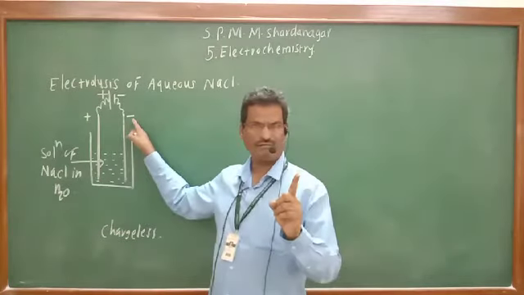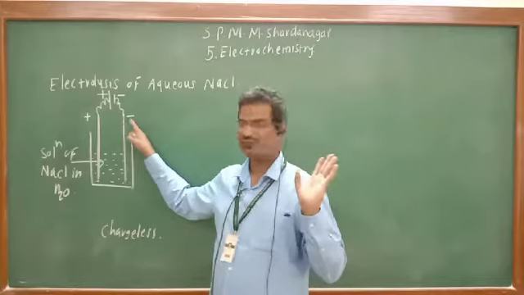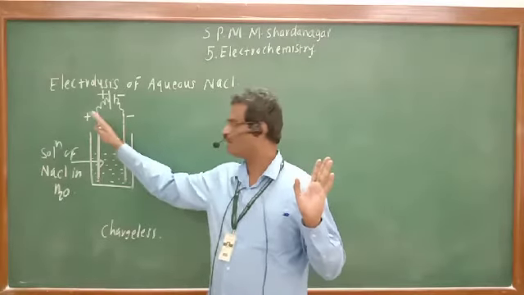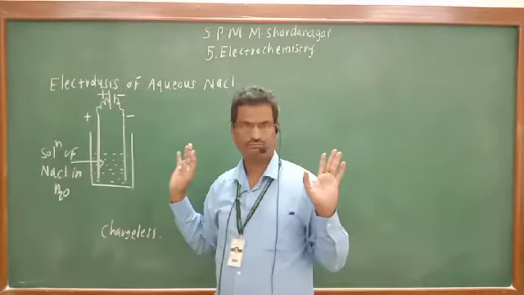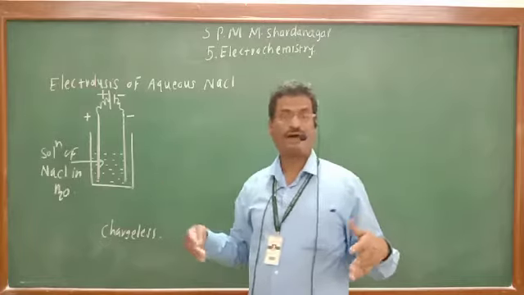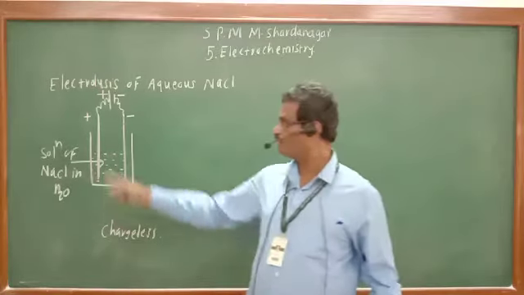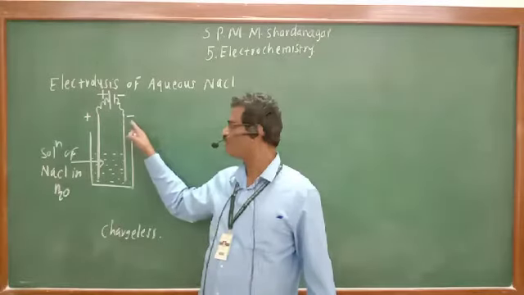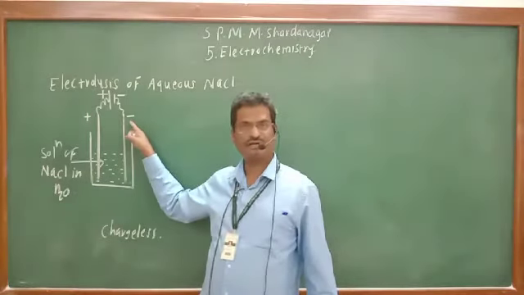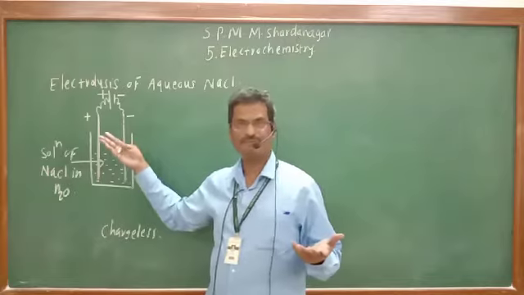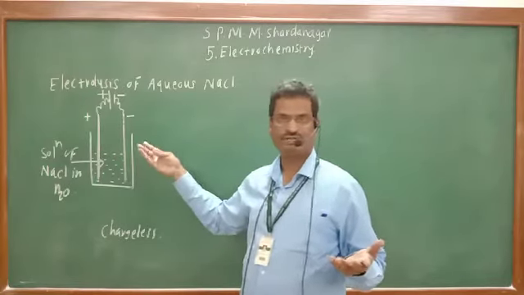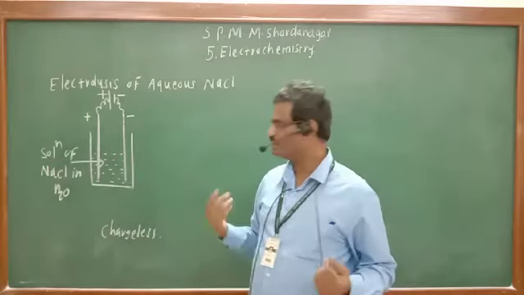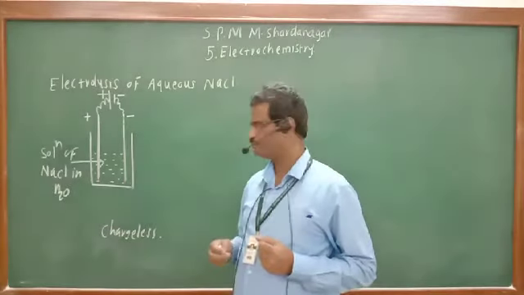I am not writing directly as anode or cathode. That we will decide after the process, whether oxidation or reduction takes place here, or whether oxidation or reduction takes place there. That will decide whether the electrode is cathode or anode. So what is the construction?